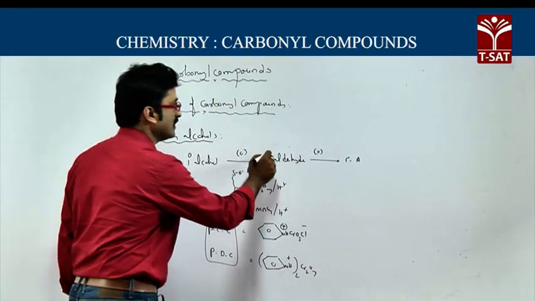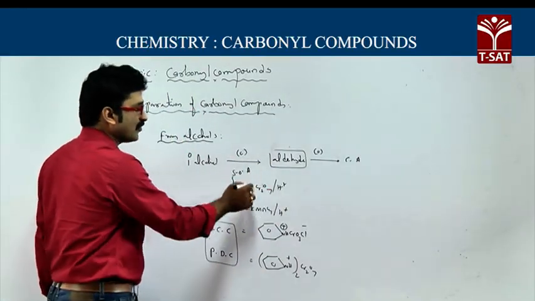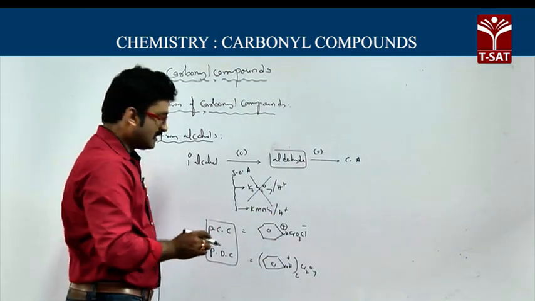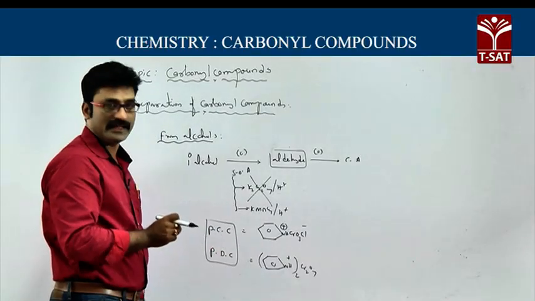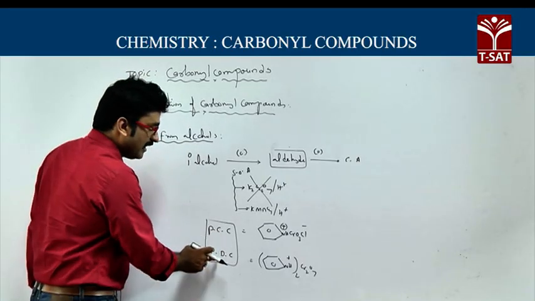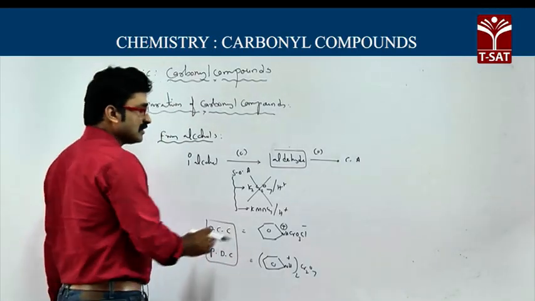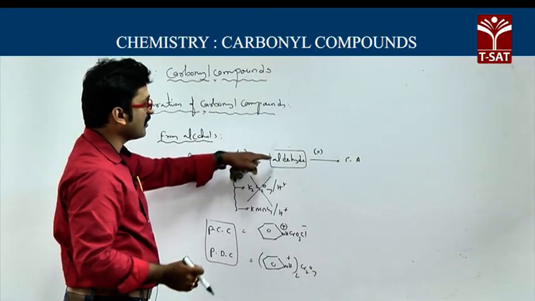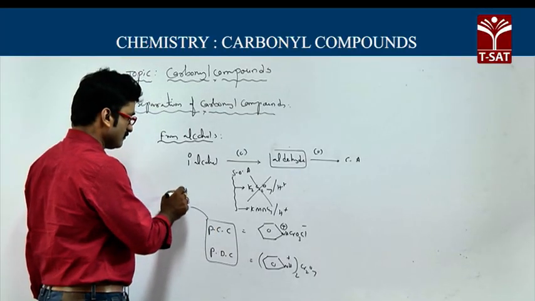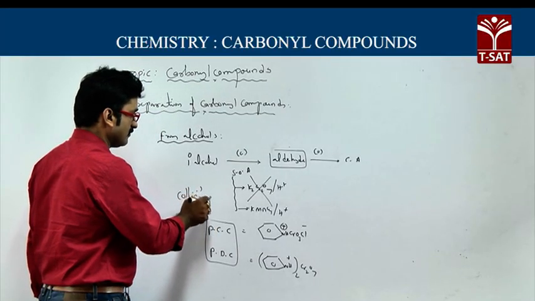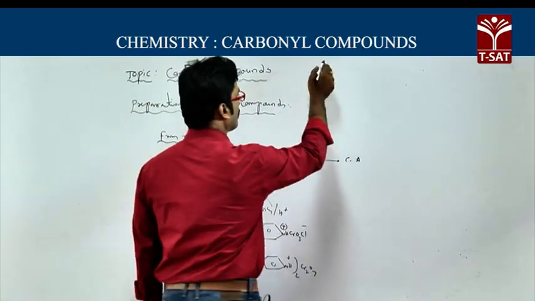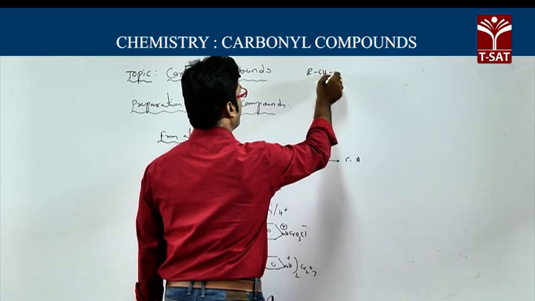If you want to prepare aldehydes from primary alcohols, we are not supposed to use the strong oxidizing agent, we are supposed to use a selective oxidizing agent such as PCC, PDC. These are used as selective oxidizing agents in the preparation of aldehydes from primary alcohols, and these two reagents are called Collins reagents.